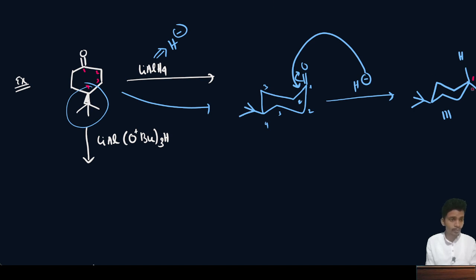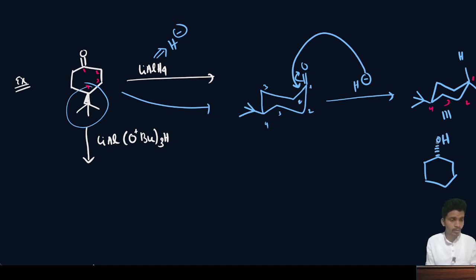First name this 1, 2, 3 and 4, again in the cyclohexane. Now at the 1 position, at the top we have hydrogen. Hydrogens we usually do not mention, and OH is at the bottom, so I will write OH like this.